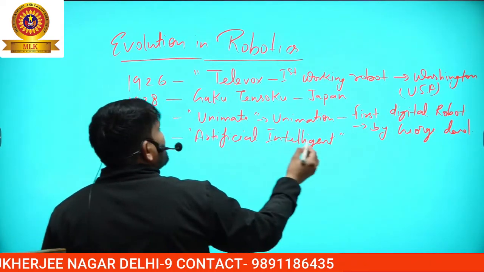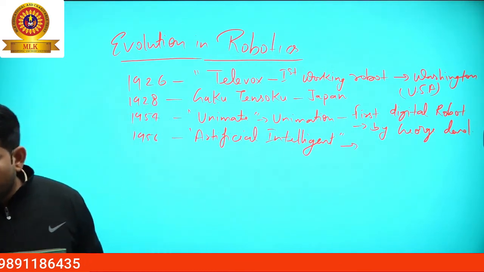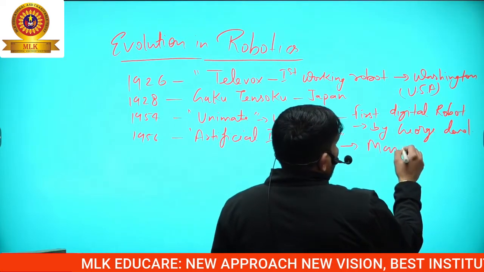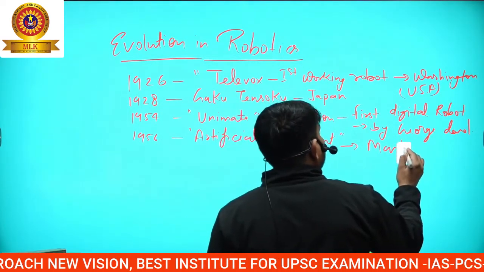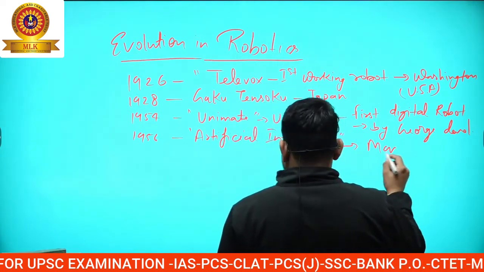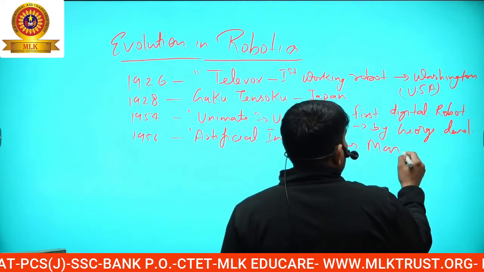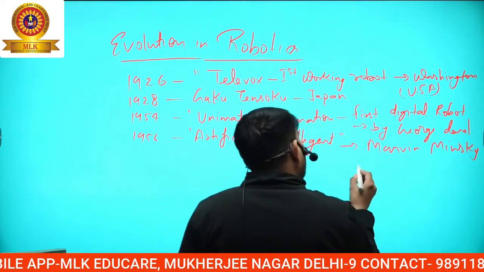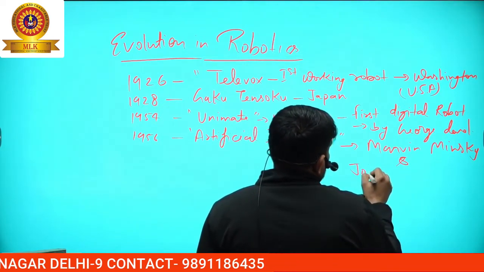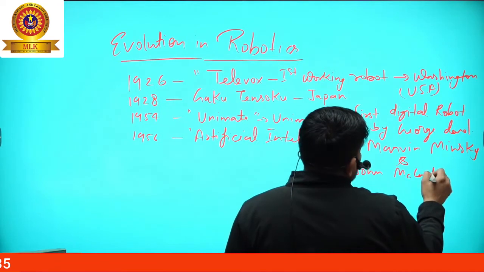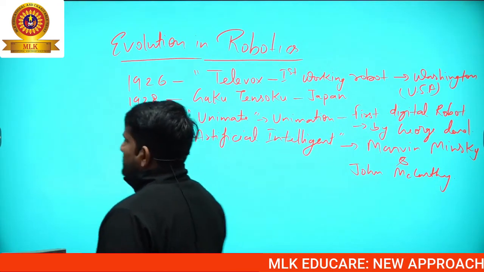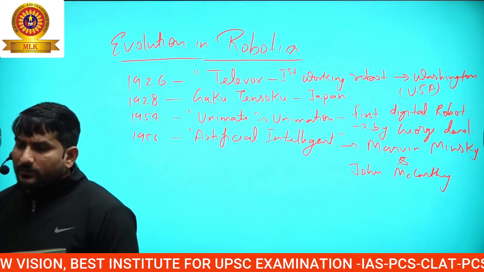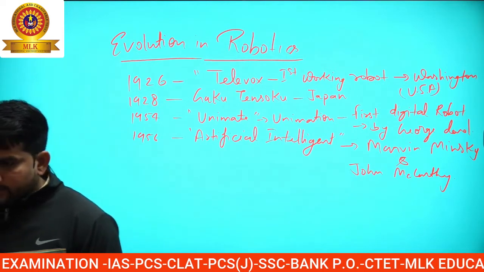And the artificial intelligence is introduced by Marvin Minsky and John McCarthy. Okay. Actually, these both guys have introduced the what? Artificial intelligence. ठीक है, इन्होंने बताया कि क्या होता है artificial intelligence.